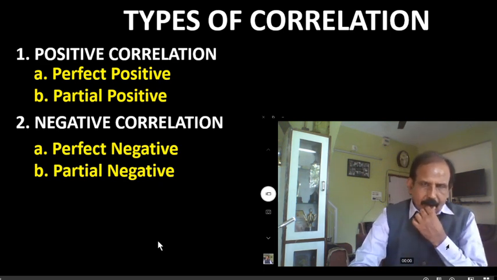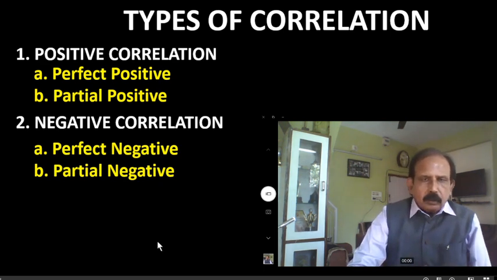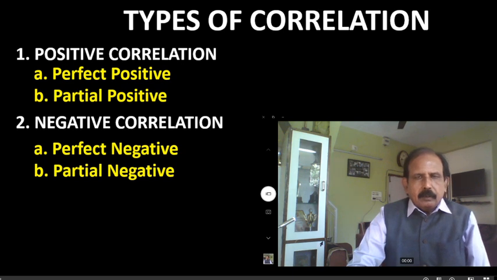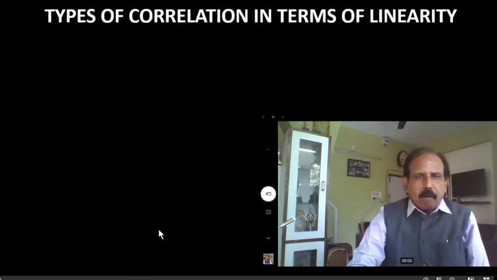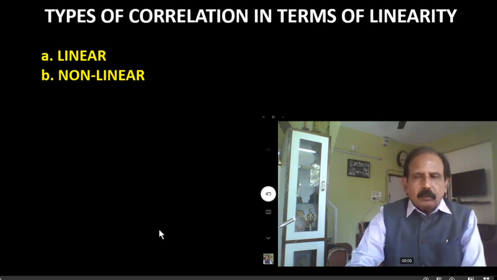Friends, besides this, two more types of correlation are there on the basis of the linearity of relationship between two variables. These two types are linear and non-linear correlation. What does linear correlation mean?